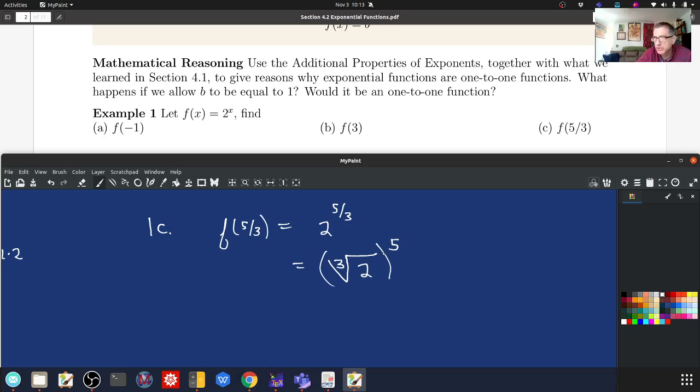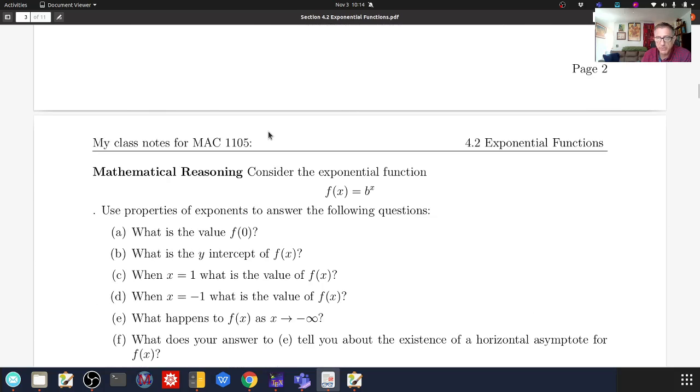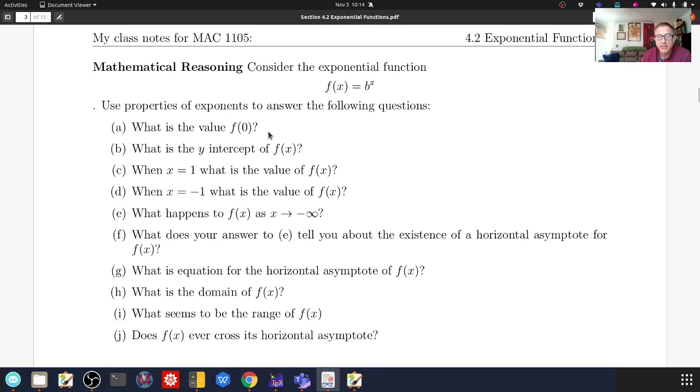And you stop right there, with just the third root of 2, which is an irrational number, raised to the 5th power. I'm not even going to show you how to do that on your calculator. Not yet. When your calculator skills are needed, which they will be eventually, I'll show you how to do things with the calculator.